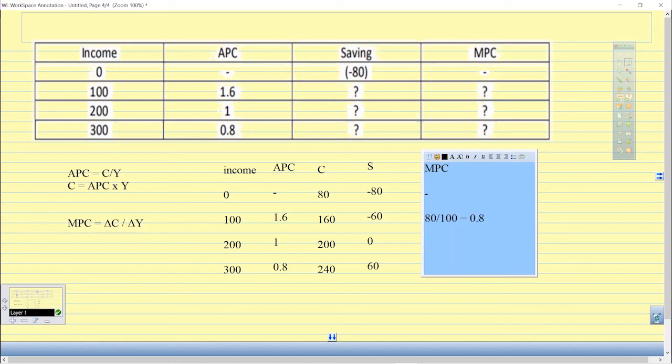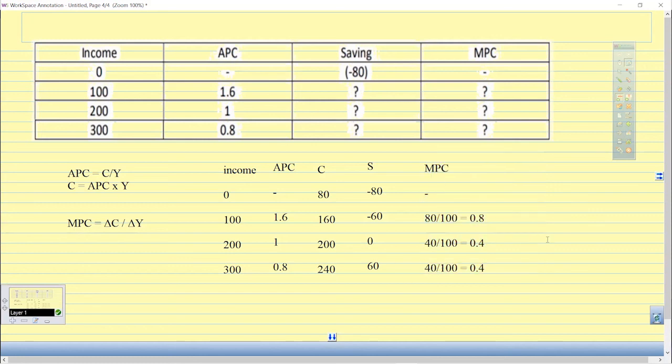Next, income is increasing again. 200 minus 100 is 100. Then consumption 200 minus 160 is 40. 40 divided by 100 is equal to 0.4. Then the last case: delta Y is the same, 100, and delta C is 240 minus 200, which is 40. 40 divided by 100 is equal to 0.4.